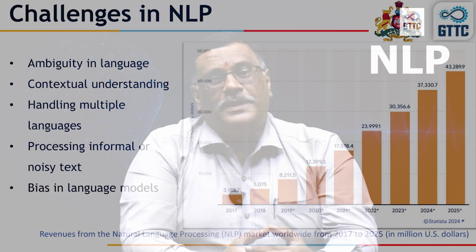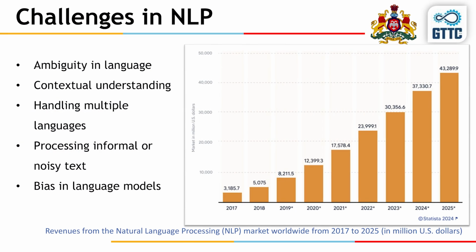And there are challenges. When you have business and financial advantages, there is some money, and there are challenges also. What are the challenges that you find in NLP? The first thing that you get is ambiguity in language. It is not so easy to train a machine to understand human language.